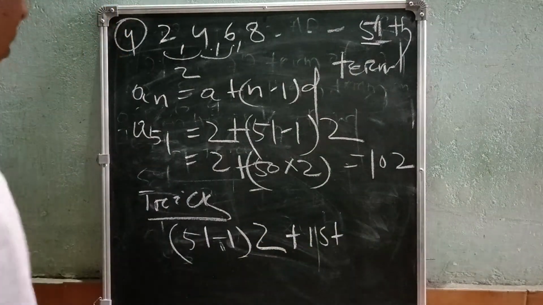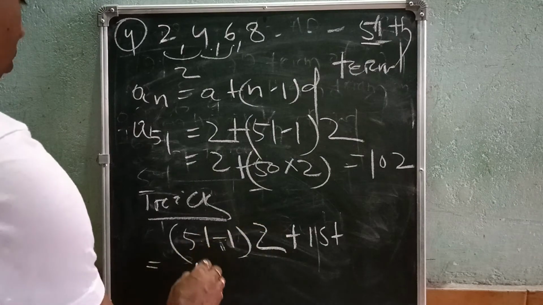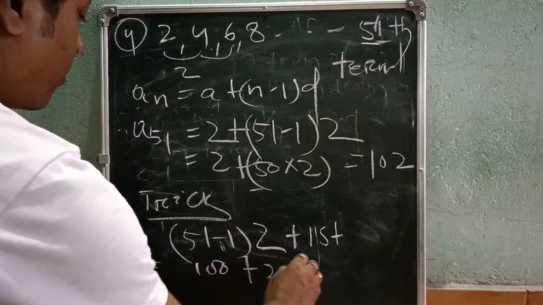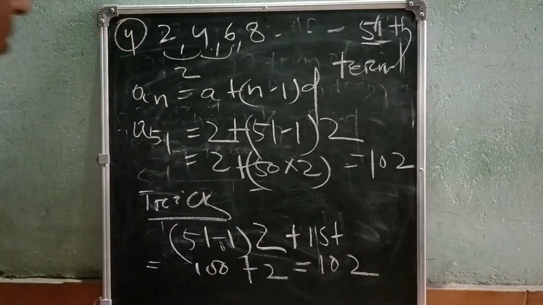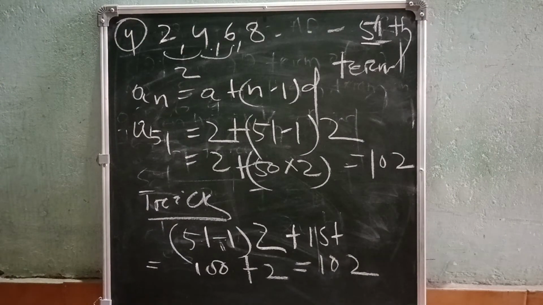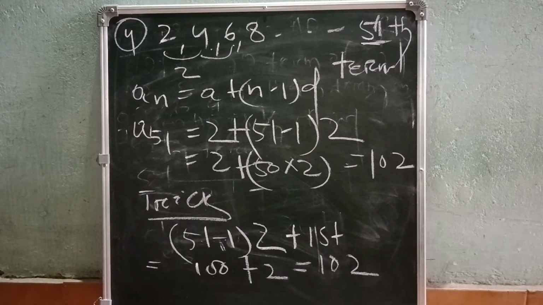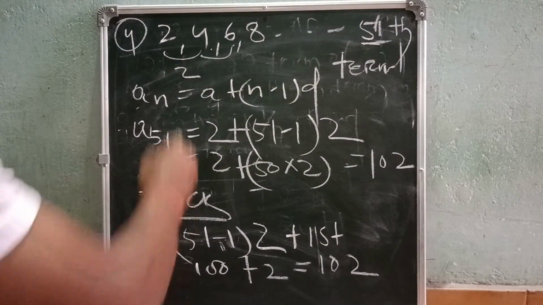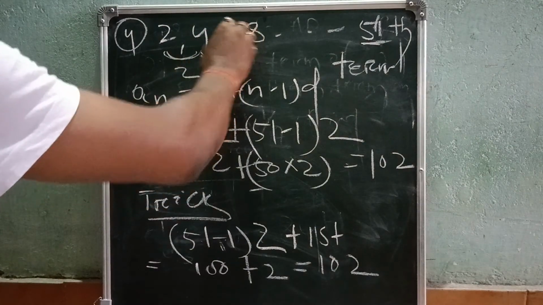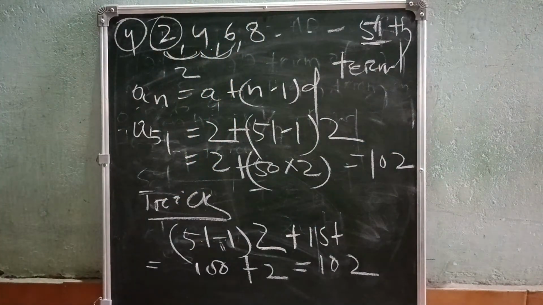So 50 into 2 is 100, plus the first term 2, so 102. Remember this: whatever the number of terms, subtract 1 and multiply with the difference, then add the first term, then that is your answer.